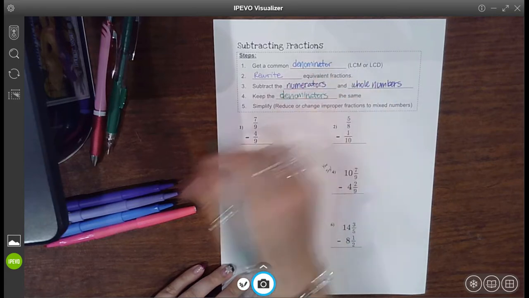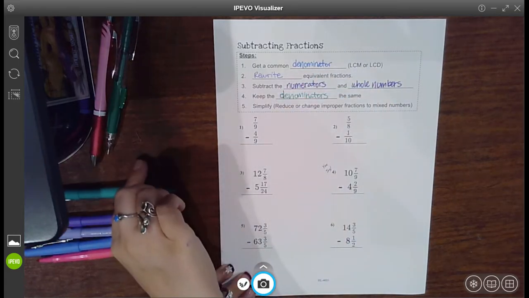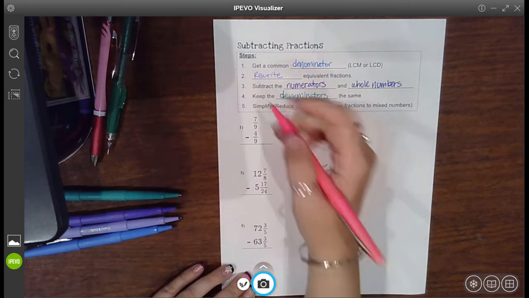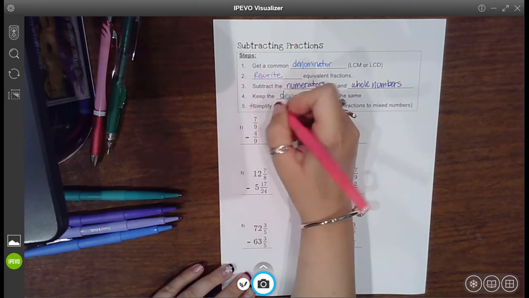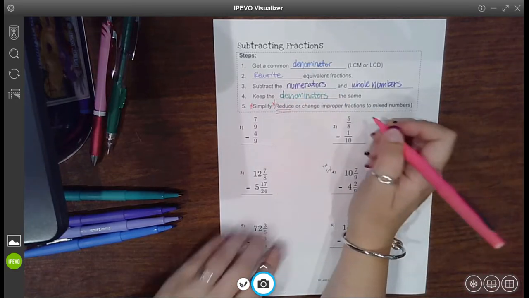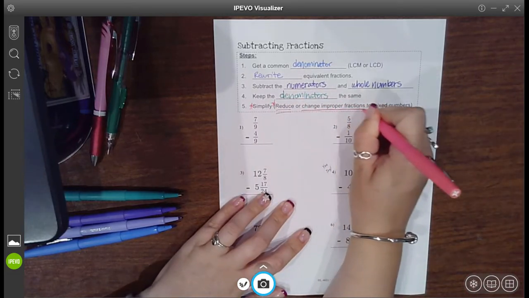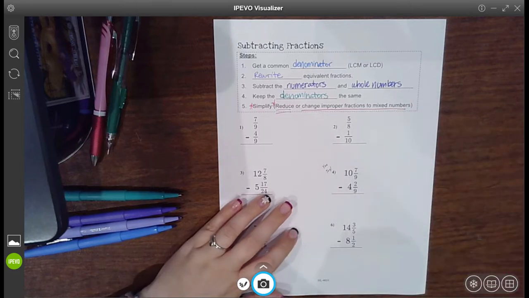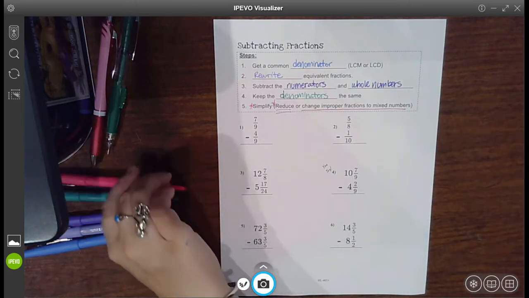You're pretty much done at that point. The last thing you need to remember to do is always to simplify. And simplify means you're either reducing if it can be reduced or changing any improper fractions to mixed numbers. Let's go ahead and try some of these.